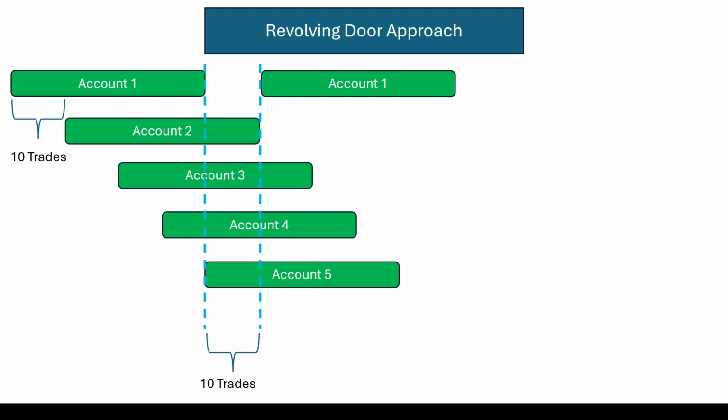What the revolving door approach does is it uses the concepts of hot and cold streaks to be able to pass prop firm accounts faster. So maybe to break it down a little bit more with this PowerPoint, essentially what you're trying to do is capture winning streaks to pass accounts faster.